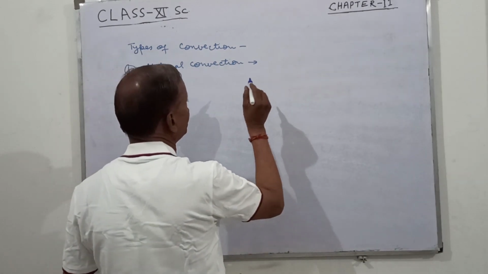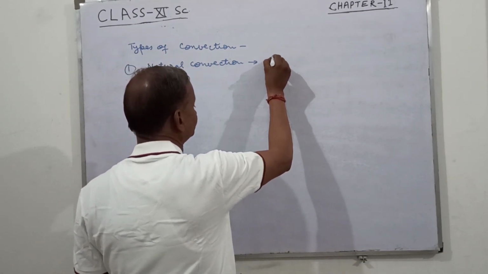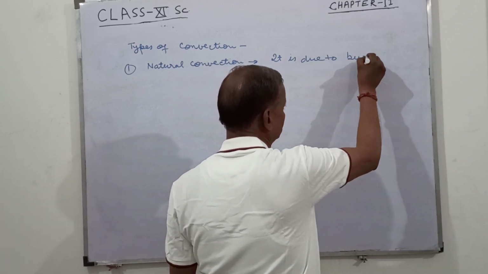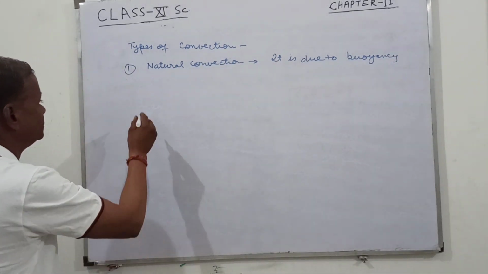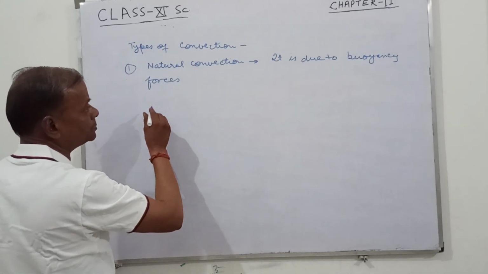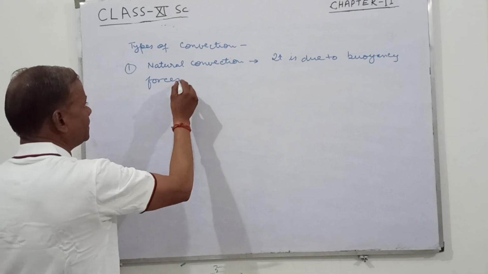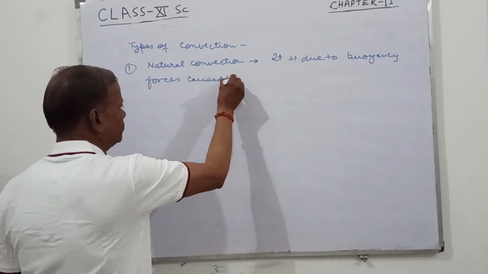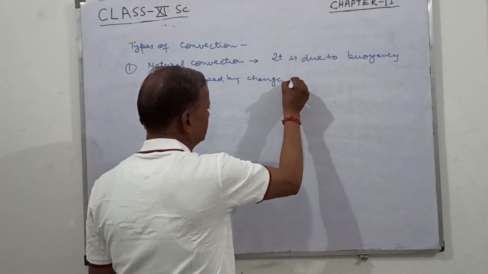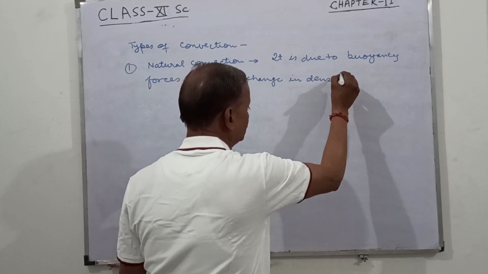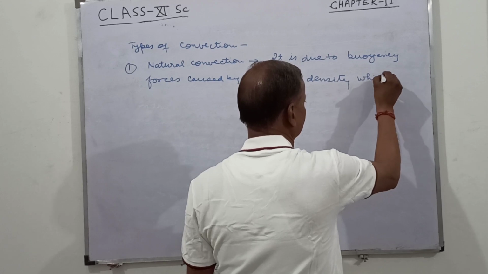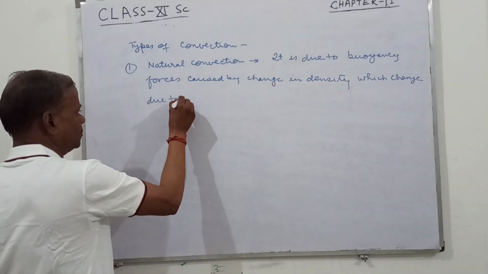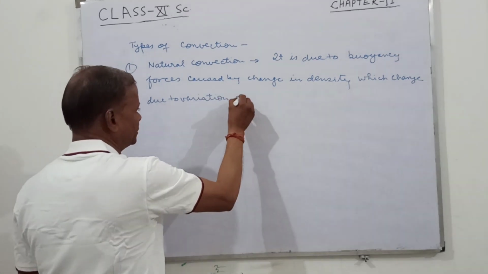Natural convection is due to buoyancy forces caused by change in density, which change due to variation of temperature.